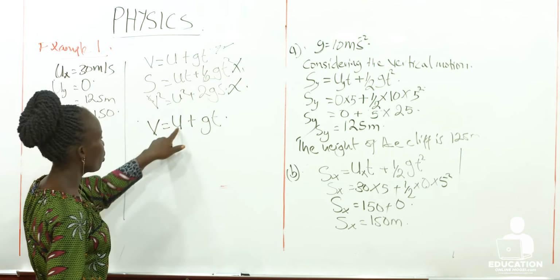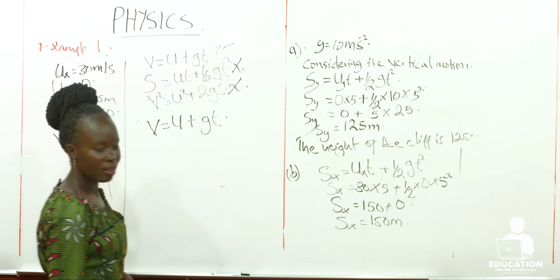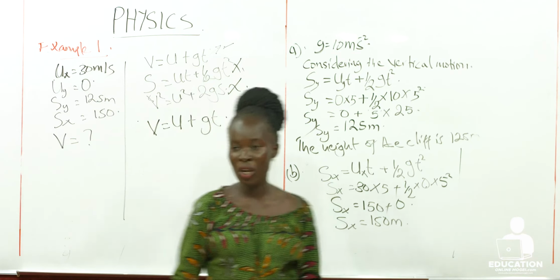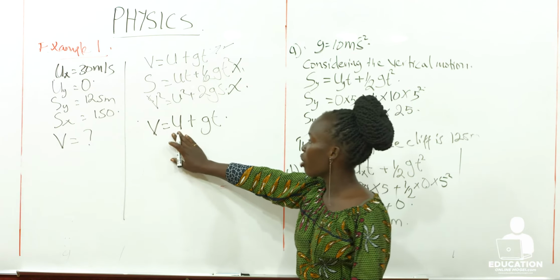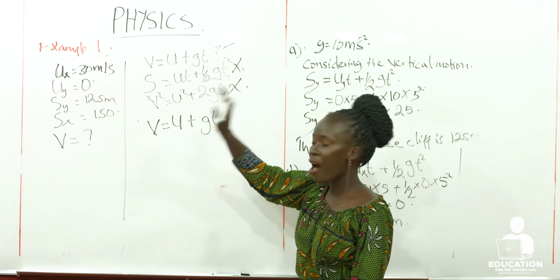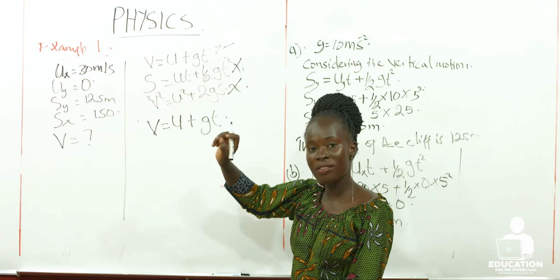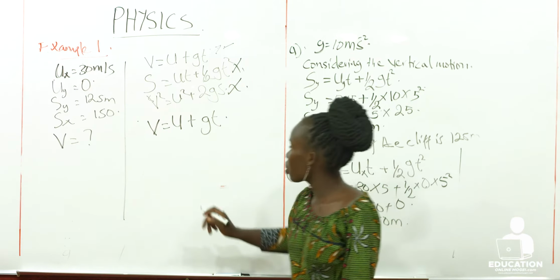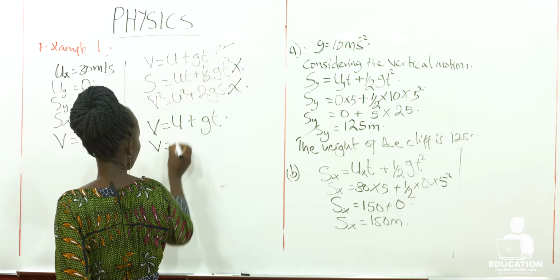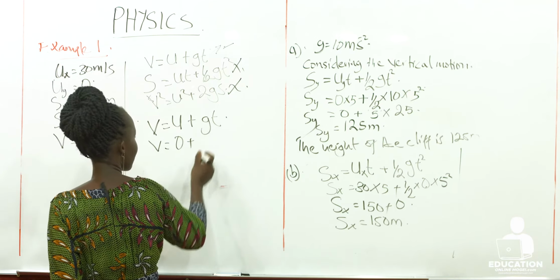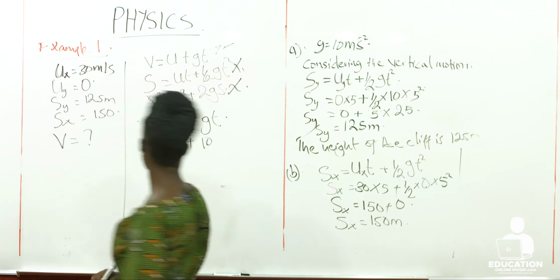So do we know our U in this? Do we know our U? Yes. We already know our U because we see that at the vertical, the initial velocity there was 0. So our V here is equals to the U, which is 0, plus the acceleration due to gravity, which we also have as 10.